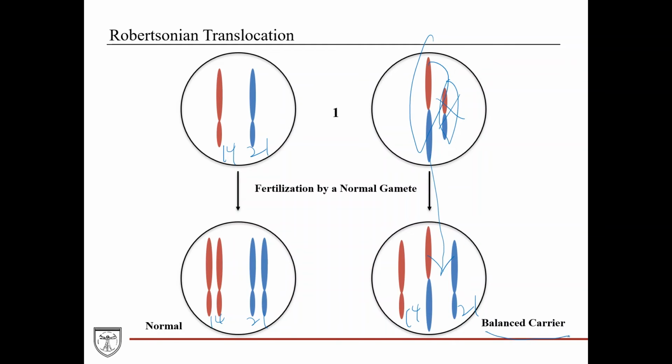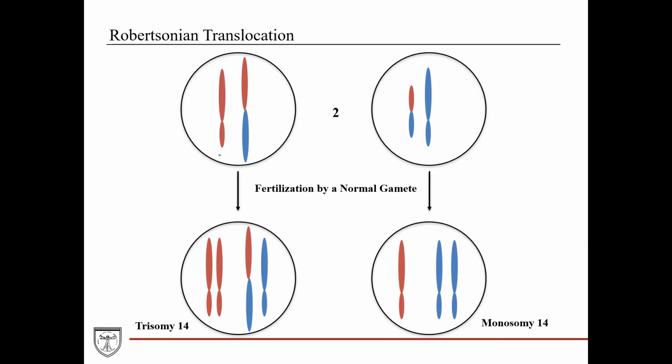However, this is a balanced carrier because, remember, the long arm is where the important genetic material is for both 14 and 21, so you essentially still have 2 copies of 14 and 2 copies of 21. And so this is what's called a balanced carrier, and this is actually a normal phenotype. Because again, these short arms carry repeated genetic material. Repeated meaning the material is also contained in other areas of the genome as well.